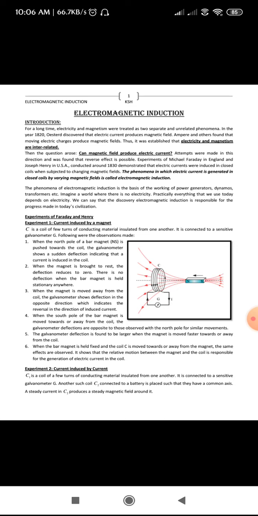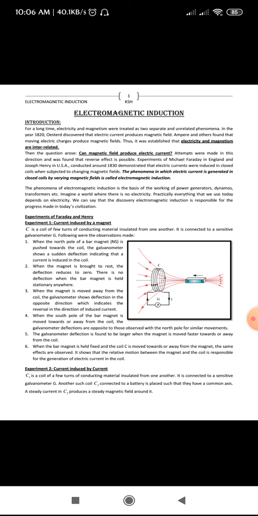The same observation is made when you keep the bar magnet stationary and move the coil towards or away from it. Hence, either the magnet or the coil is in relative motion, and when it is in motion there is a current induced. If you keep both the coil and the magnet stationary, there is no induced current. This was the conclusion of the first experiment, current induced by a magnet.